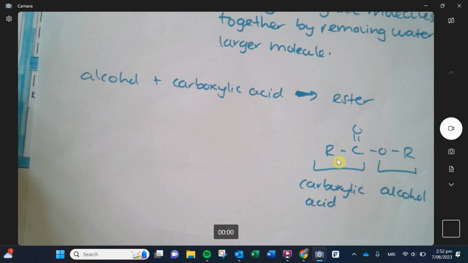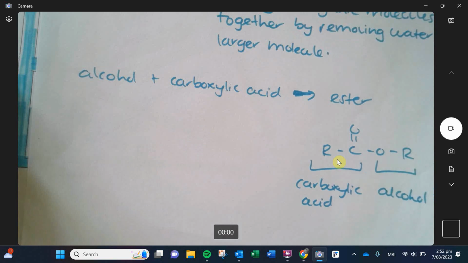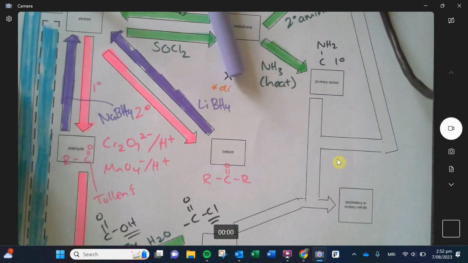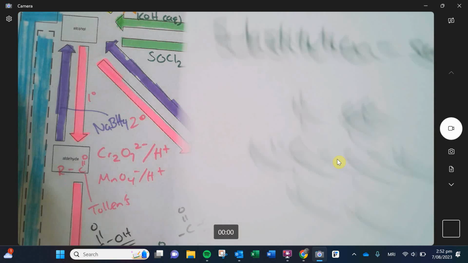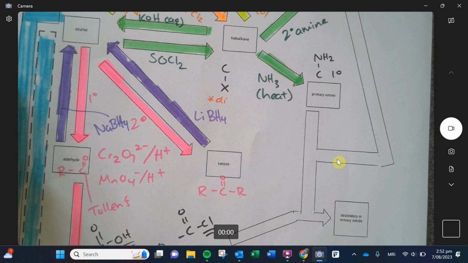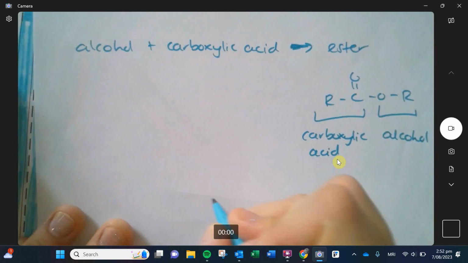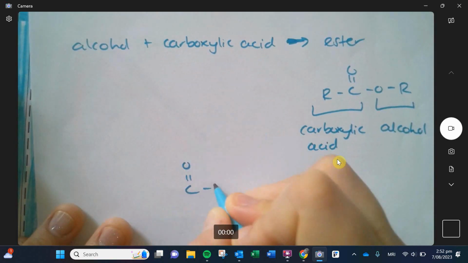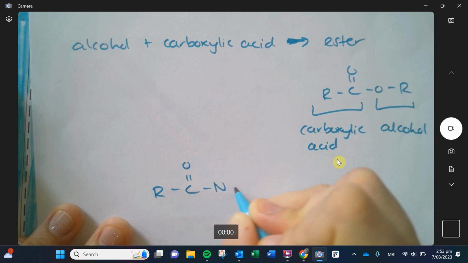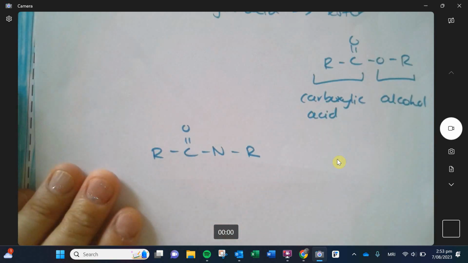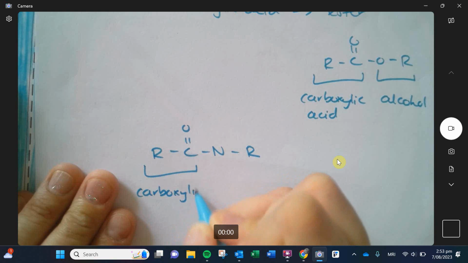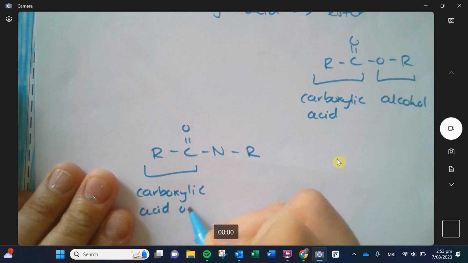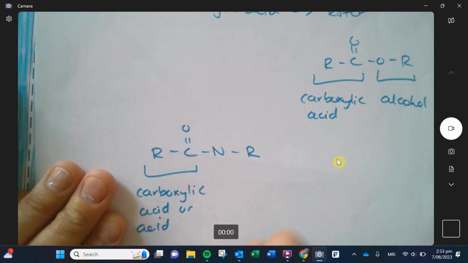Another one that you guys can get is the amides. So if you think about an amide, I should say secondary, tertiary, which again shouldn't come up, but it might. You could have an amide that is like that, where this has come from a carboxylic acid, or an acid chloride is the other possibility.